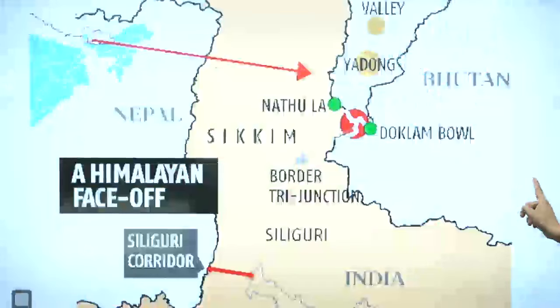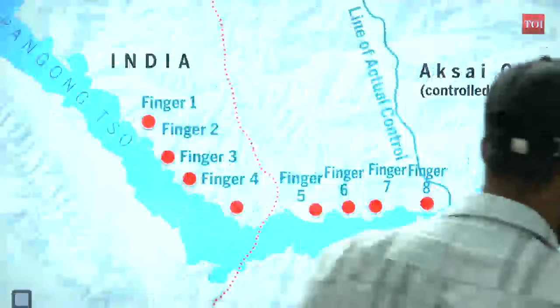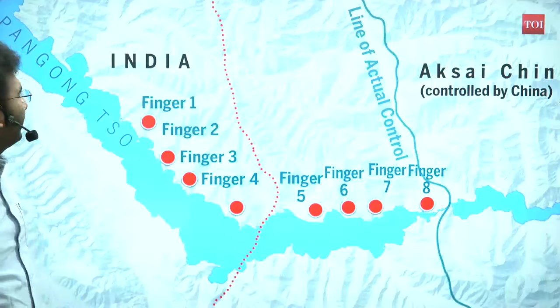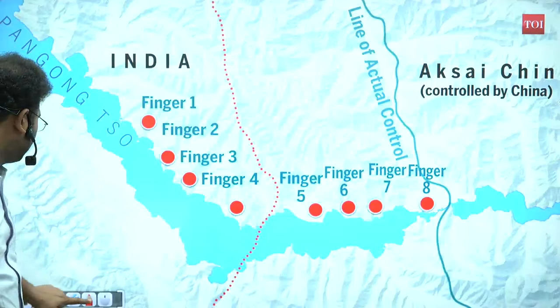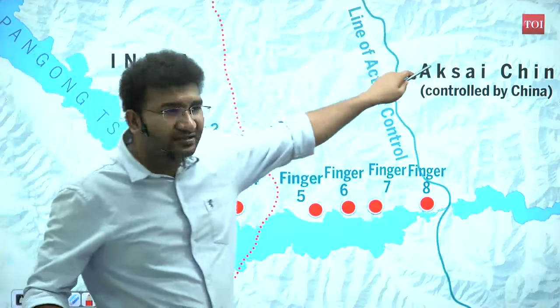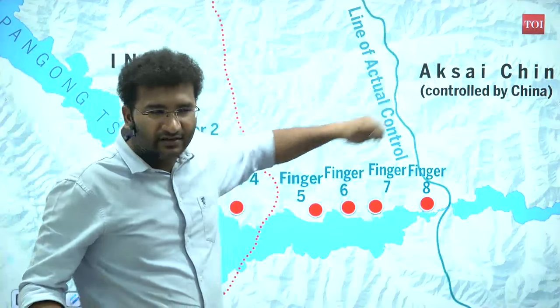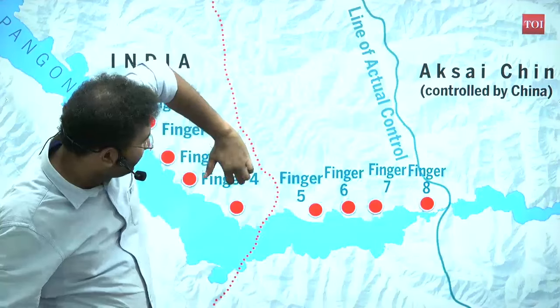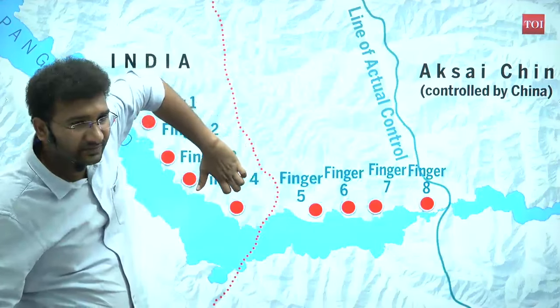Look here. Dispute areas of India and China. This is Aksai Chin in the Kashmir area. Now look from space, don't they look like fingers? Finger 1, finger 2, finger 3, finger 4, finger 5, finger 6.